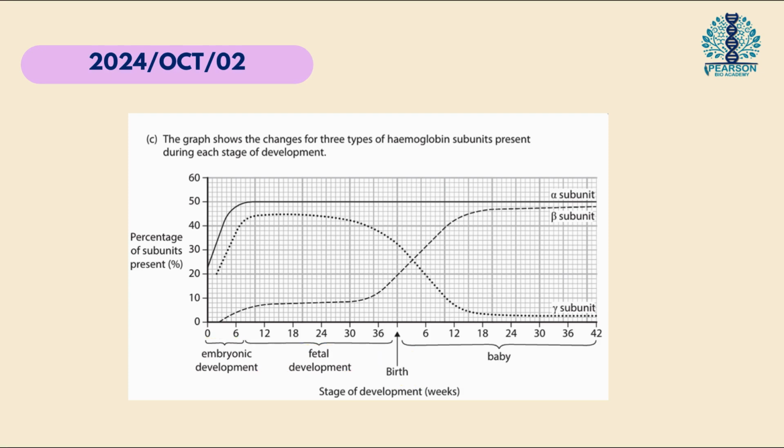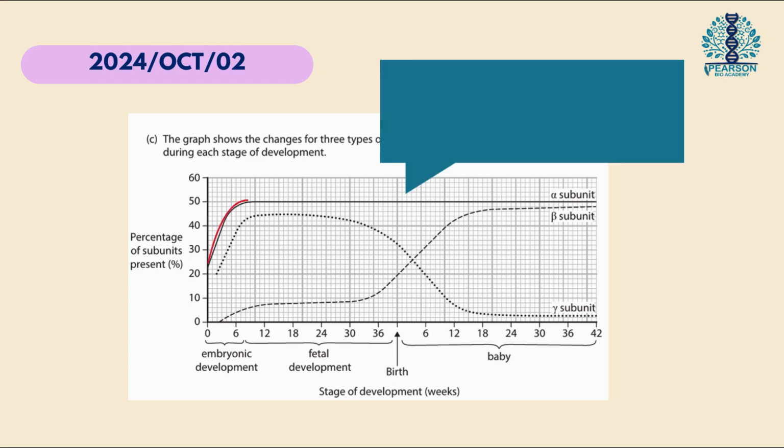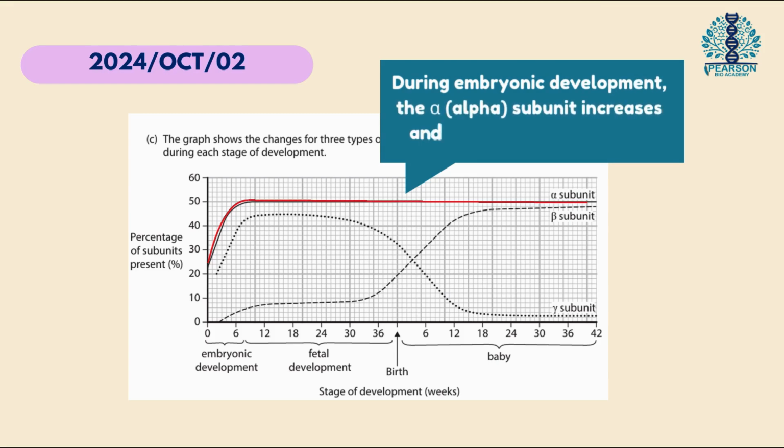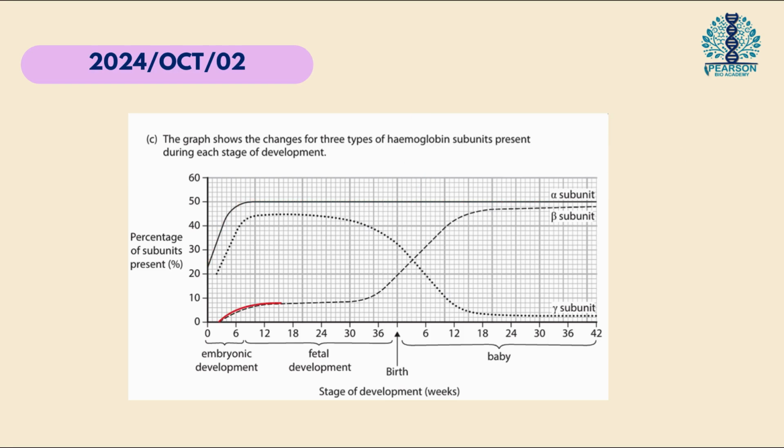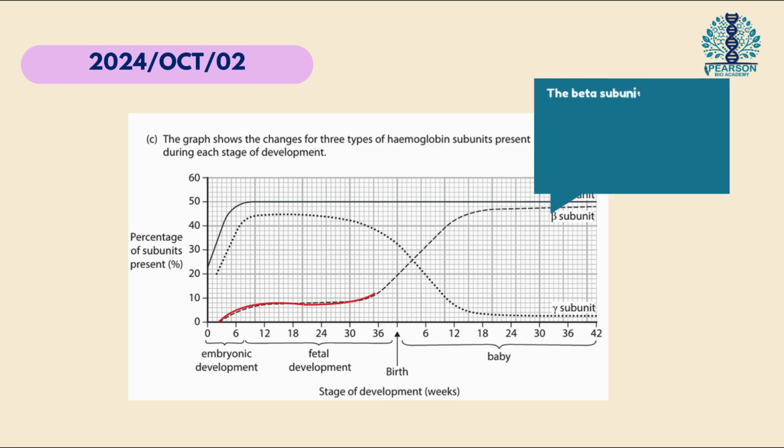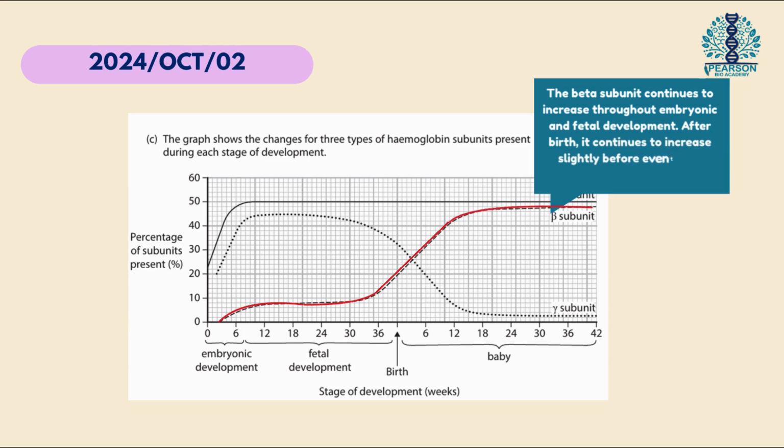So during embryonic development, the alpha subunit increases and then remains almost constant throughout fetal development and after birth. The beta subunit continues to increase throughout embryonic and fetal development. After birth, it continues to increase slightly before eventually leveling off.